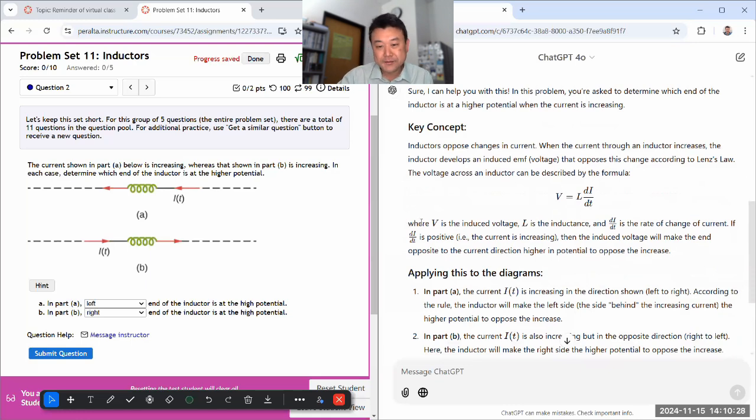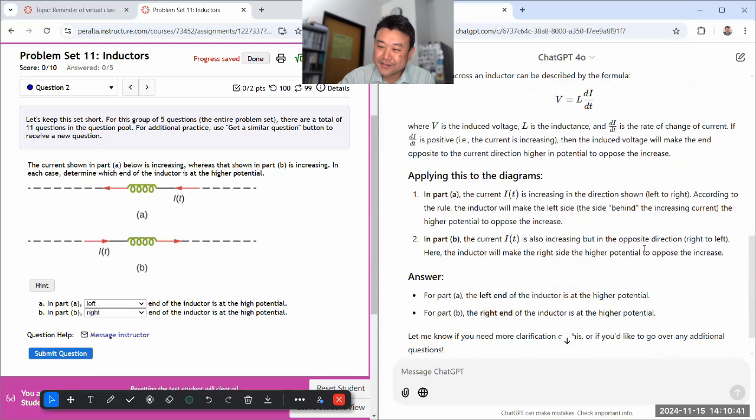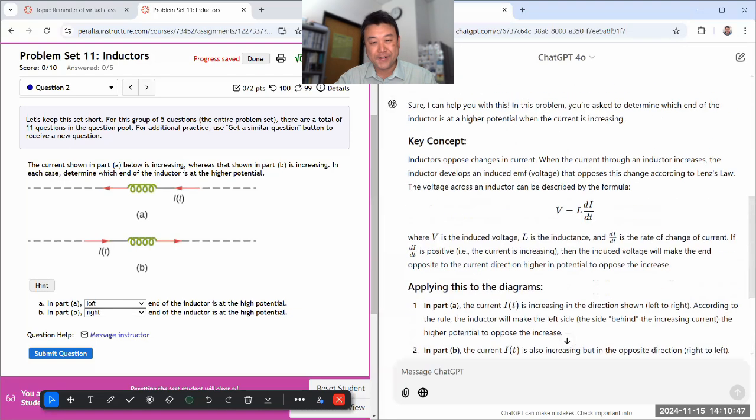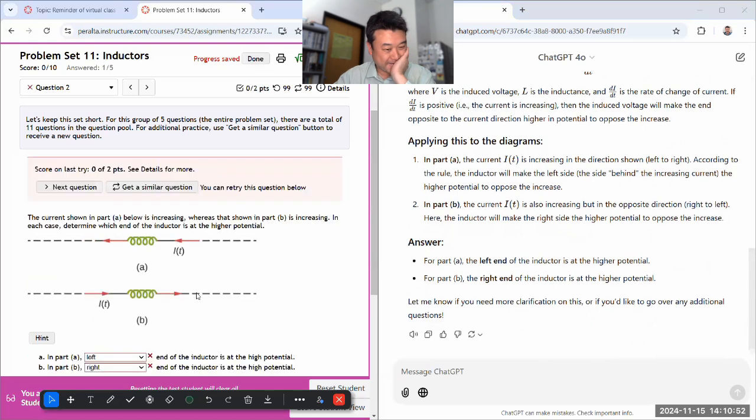So, anyway, the current is increasing in the direction shown. According to the rule, the inductor will make the left side higher potential. Okay, increasing in the opposite direction, right side. So my changed answer matches ChatGPT's answer, and I swear I didn't look ahead to what it was saying.